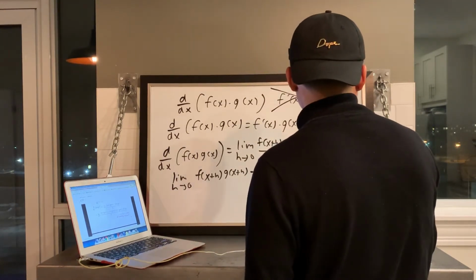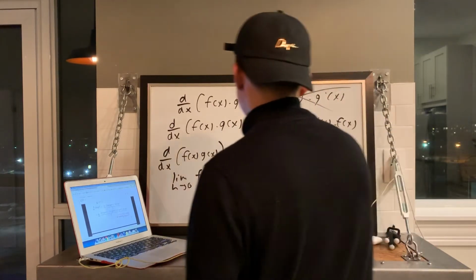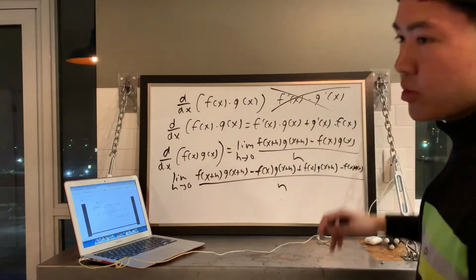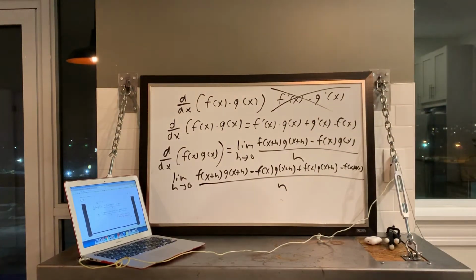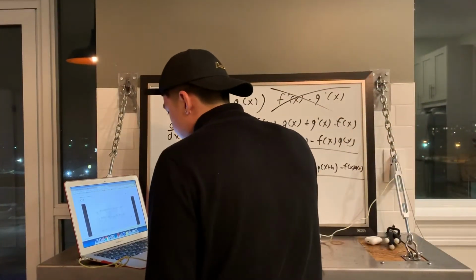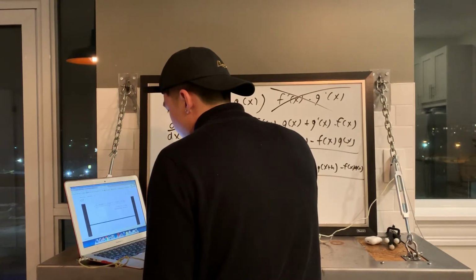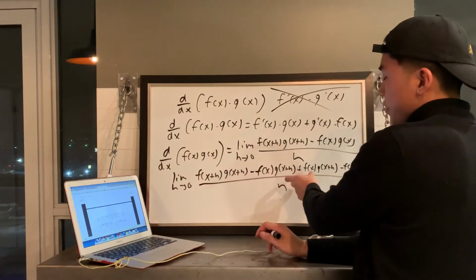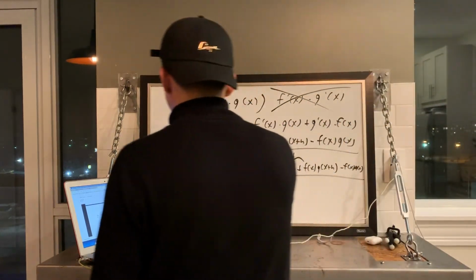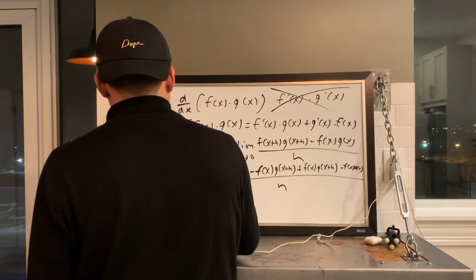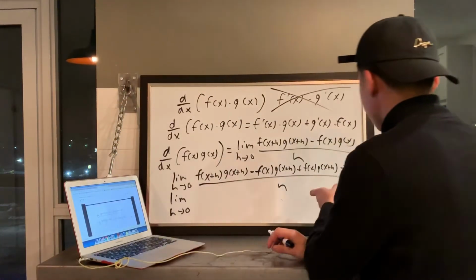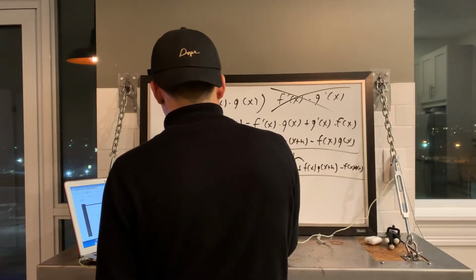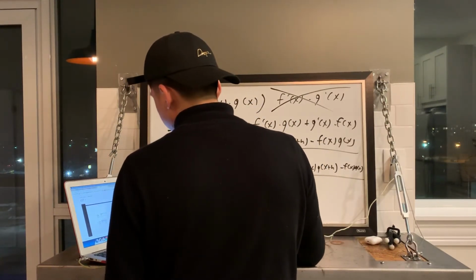Minus f of x, g of x. So you add and subtract the same thing, these two things in between, that's your trick. And basically, if you do that, you can factor out g of x plus h from here and from here. So you get limit as h approaches 0. And you can also factor out f of x from here and here. So you get basically g of x plus h factored out.